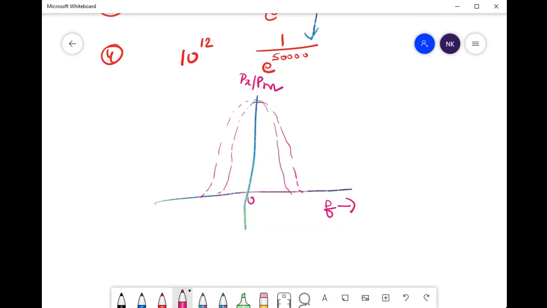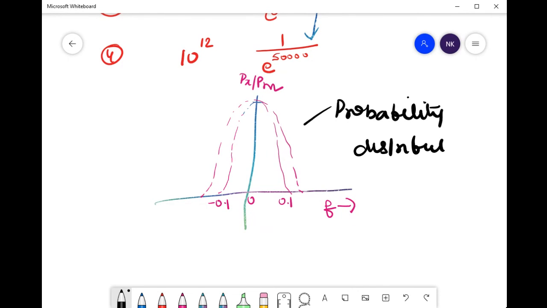This is 0, and I am talking about a fractional deviation of 0.1 or minus 0.1. So basically the graph is called the probability distribution curve, and as the number of particles are increasing, the graph is getting narrower.